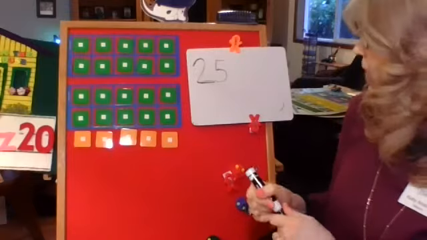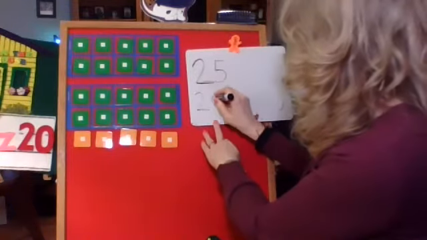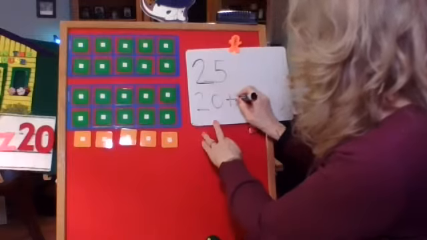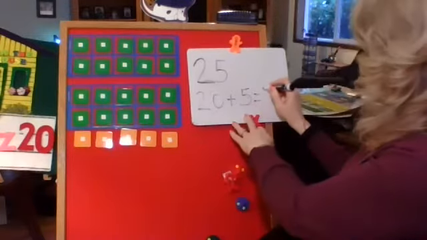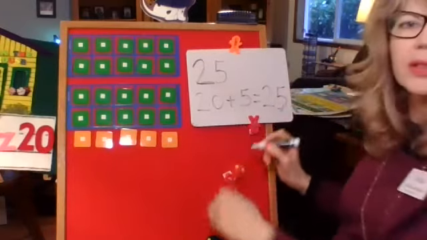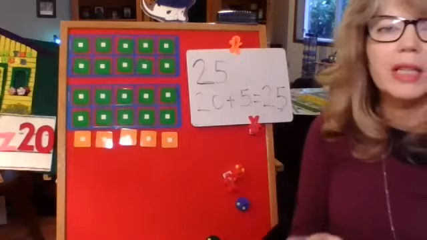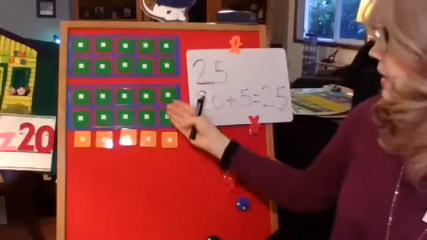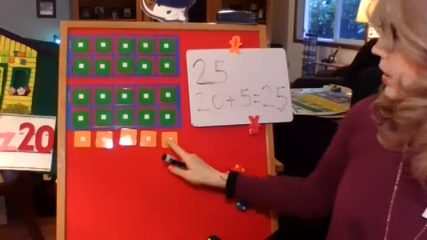So for 25, now we know that 20 plus 5 more equals 25. 10, 20, 21, 22, 23, 24, 25.